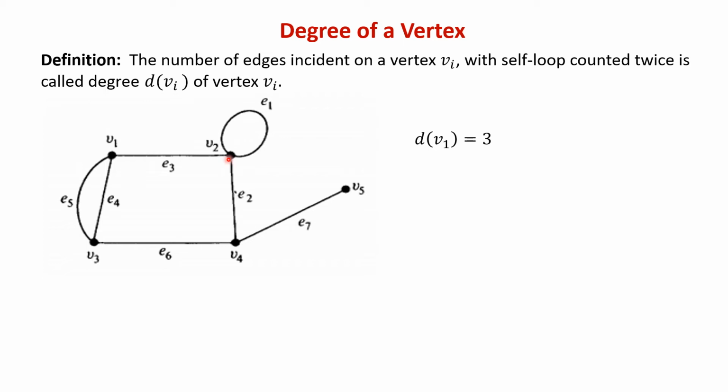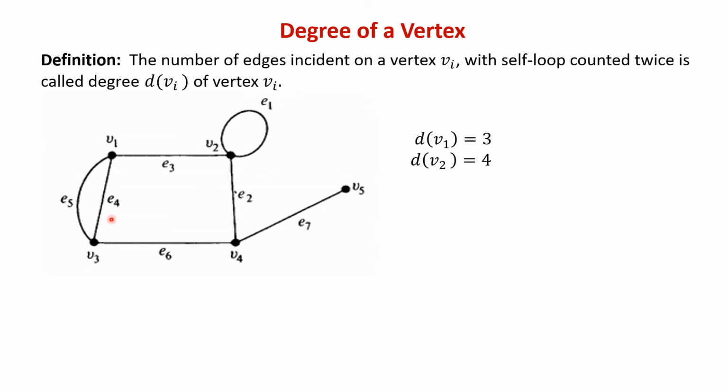Now to find the degree of V2. Here V2 is incident with the self-loop E1, so it is counted twice. Now E2 and E3 are the other edges incident on V2. So the degree is 1 plus 1 plus 2, that is 4. So degree of the vertex V2 is 4. Now consider the vertex V3.